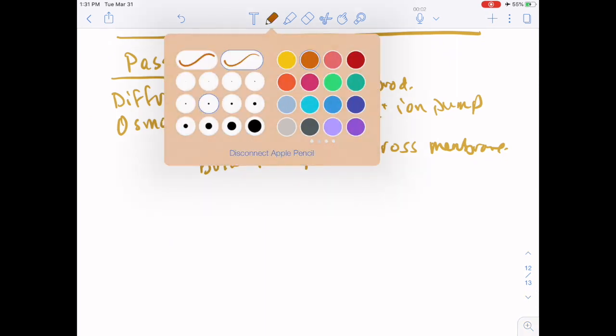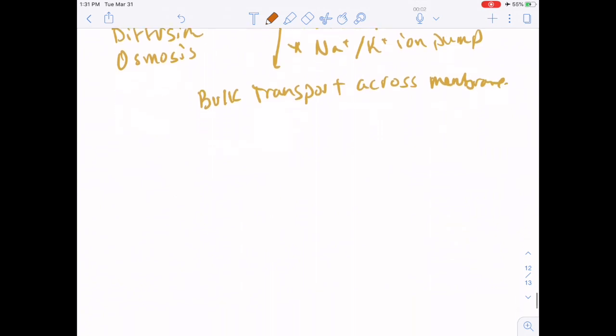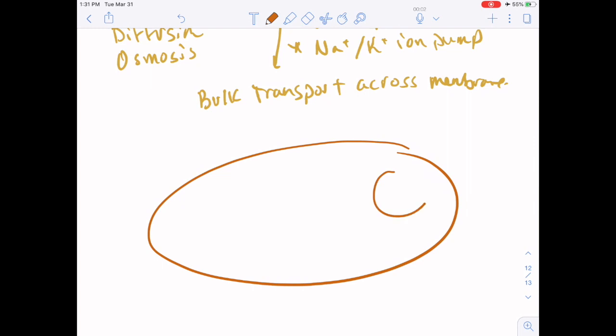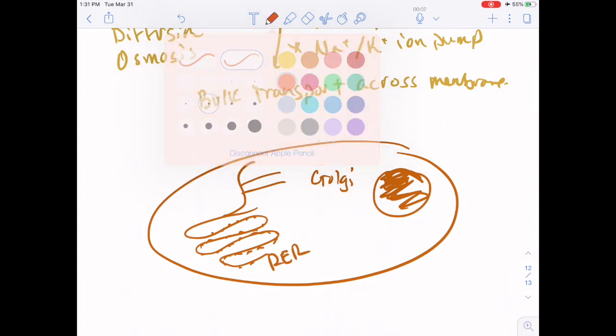Let's see. So way back when we were talking about parts of the cell, I always put the nucleus in the same place, don't I? I really ought to change things up. But we talked about the rough endoplasmic reticulum and proteins being made there and then being sent to the Golgi. So if this is the rough ER down here and the Golgi up here, how things travel through vesicles. Let's say, not yellow, let's make it orange.